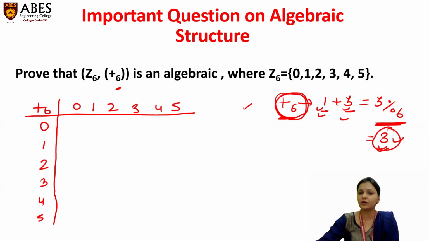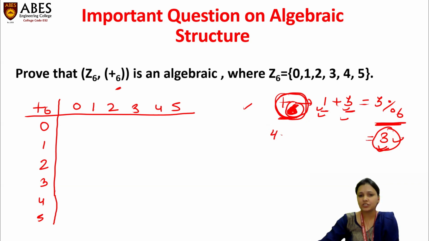We simply need to add these two terms and find the remainder when we divide that addition by the given term. So this is addition modulo 6. We will divide each addition result by 6, and whatever remainder we get will be the answer. I am considering one more example.